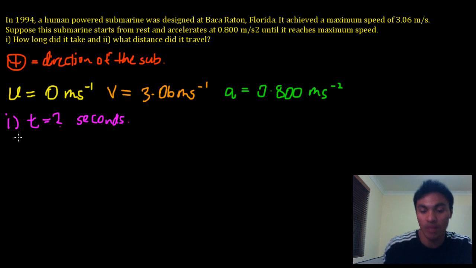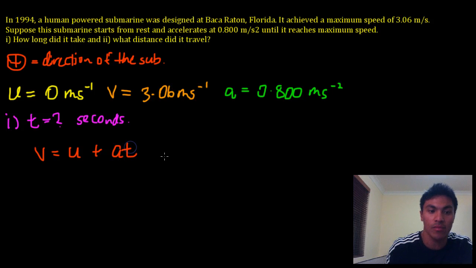Excellent. So here you've got a set of kinematics equations. If you want, you can pause this video right now and have a look at your kinematics equations and find out which one best suits. Let's have a look. Because we have u, v, and a, and we need t, the best one is v equals u plus a t.